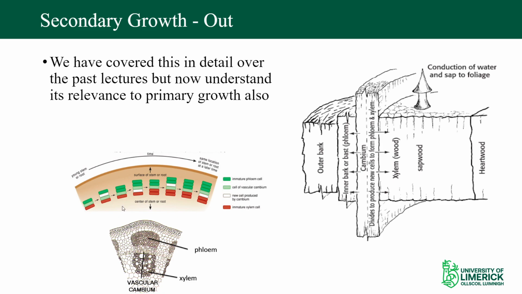Okay, so similar to what's going on in the meristems at the top of the tree for our primary growth, we're looking here at our secondary growth. We're looking at our kind of light green cell here, which is our vascular cambium layer. So we're adding phloem to the outside, we're adding xylem to the inside.